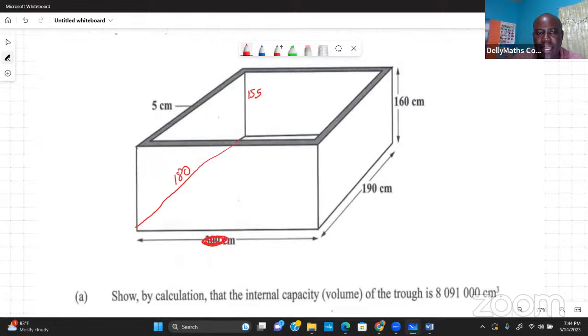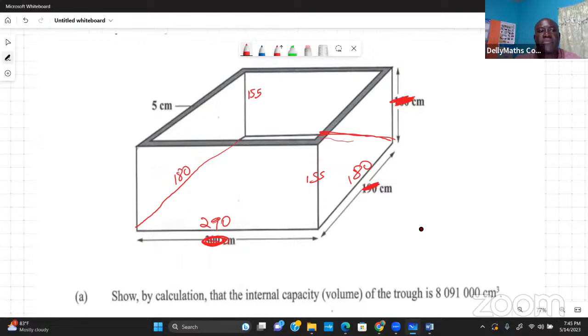I'm going on the inside. This is 290. I'm on the inside. 180. 155. I'm just showing you that these are the inside measurements. All right, so these are the measurements that we have.